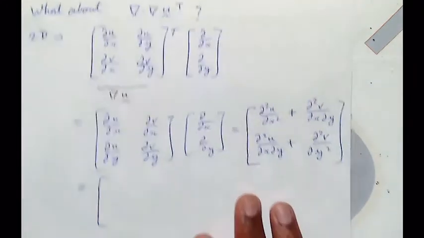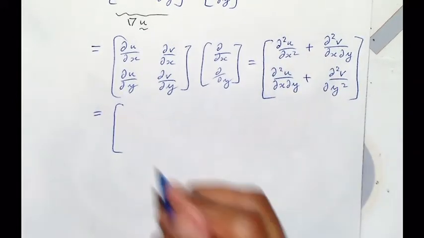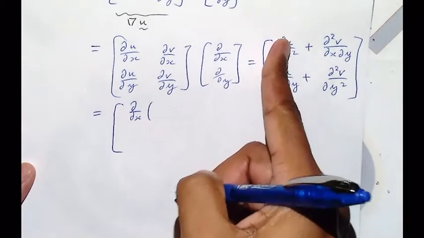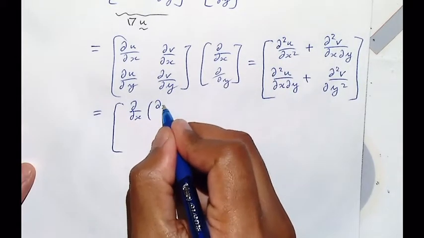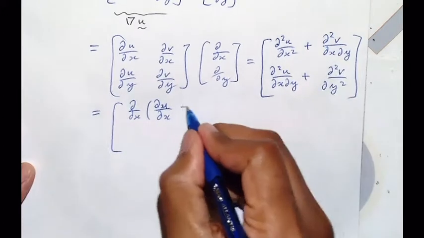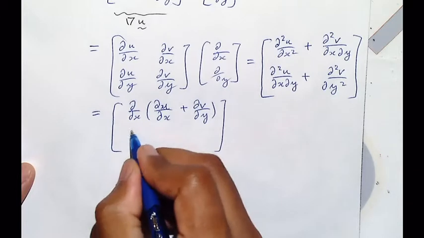How do you use continuity here? Del by del x of del u by del x plus del v by del y. Okay, so we take one of the partials in x out, and what we get inside is dv by dy. The other one the same.